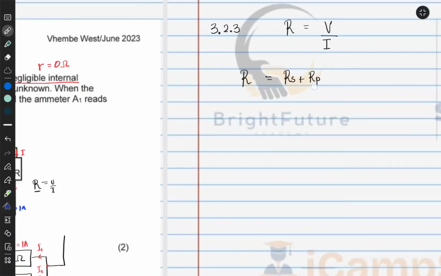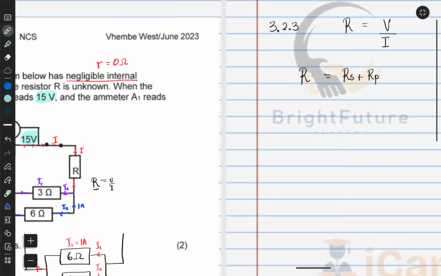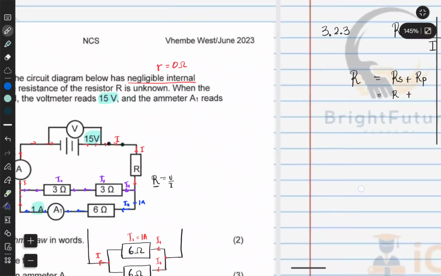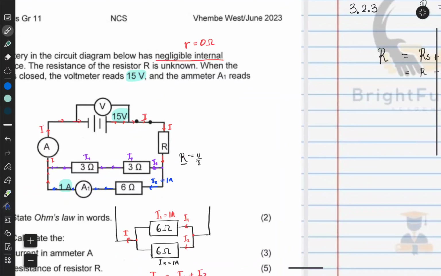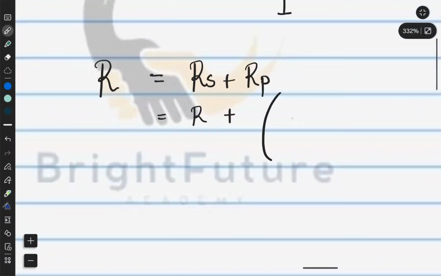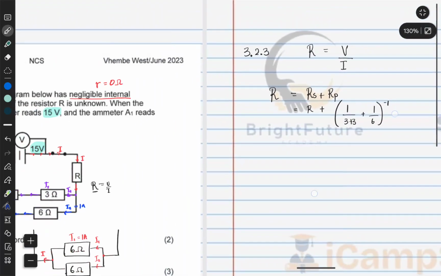And we say that RS is the series connection, which is just simply resistor R. That is R plus RP. Now for RP, we would get 1/3, right? 1/6, and then we do that.